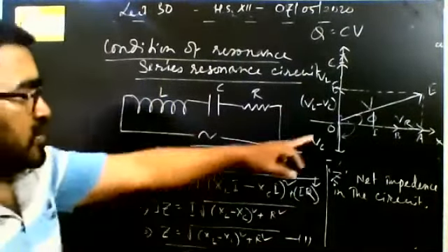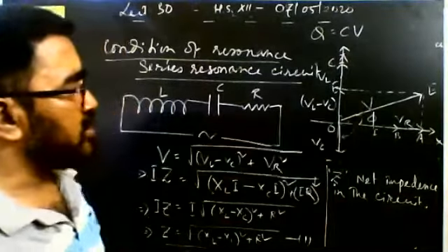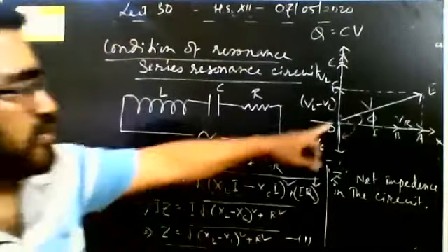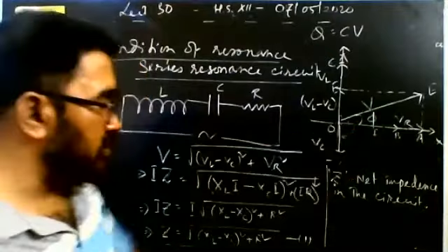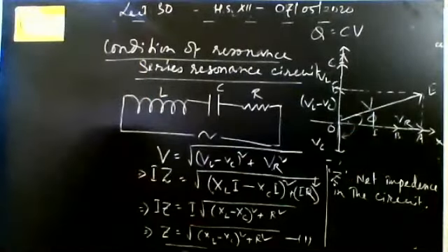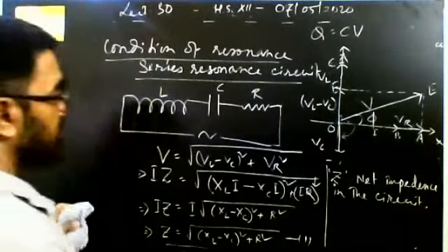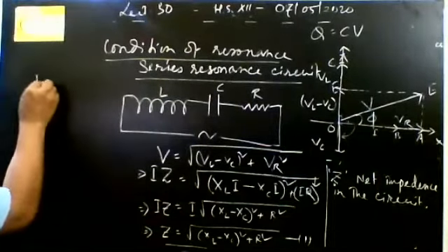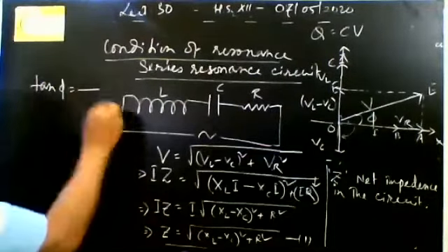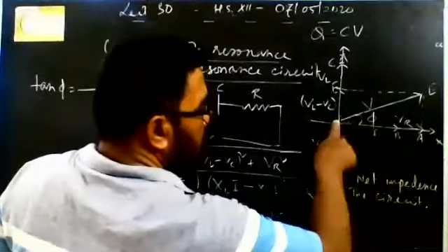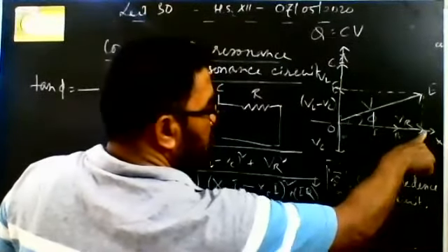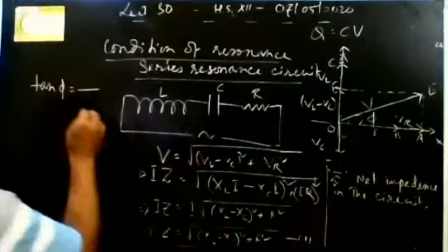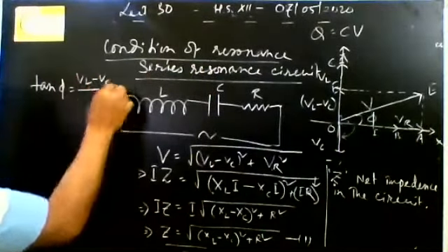So we also calculated the phase difference between V and I. So phase difference is given as tan phi. Tan phi is what? Perpendicular by base. This is perpendicular. So perpendicular is nothing but VL minus VC. Base is what?